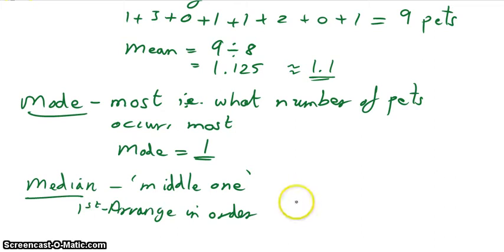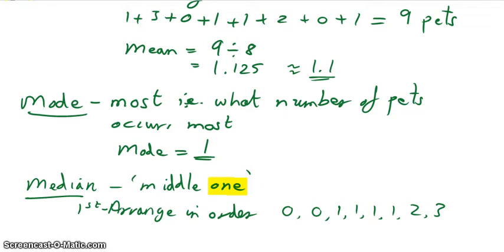Looking at that list, we have 2 zeros, 4 ones, a 2, and a 3. Now we have to find the middle one. What's the problem here? What can you see is happening? Well, we've actually got a middle 2.